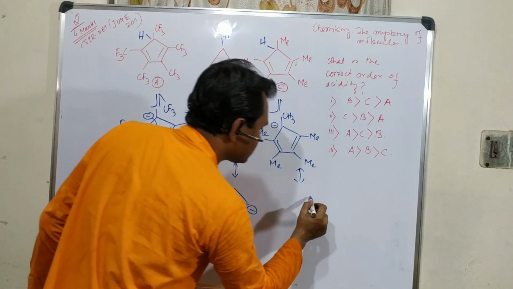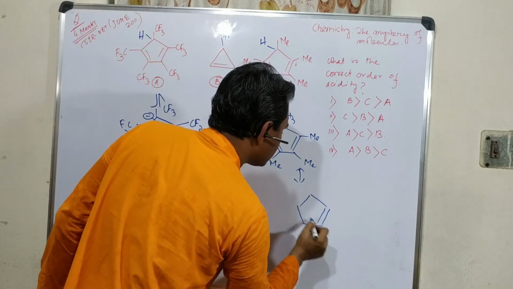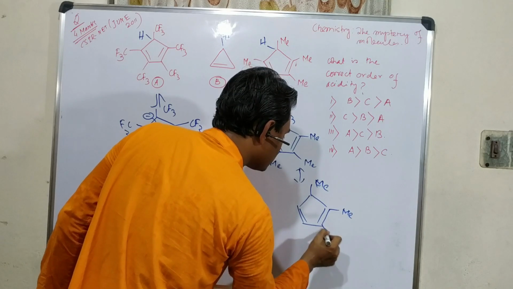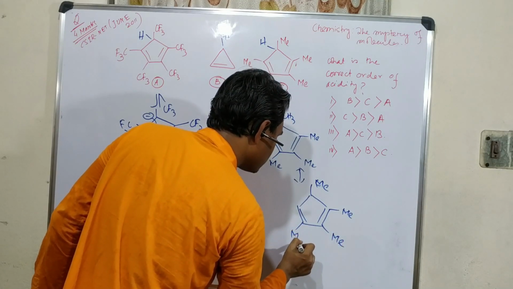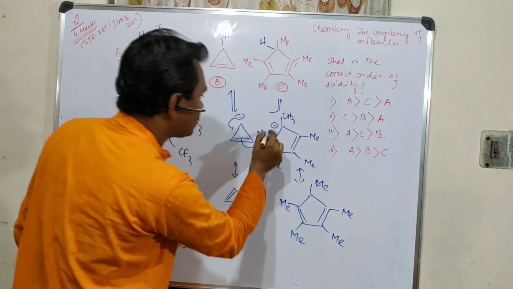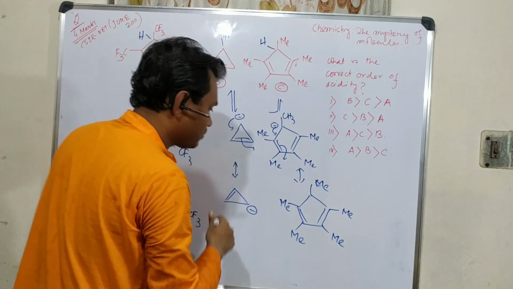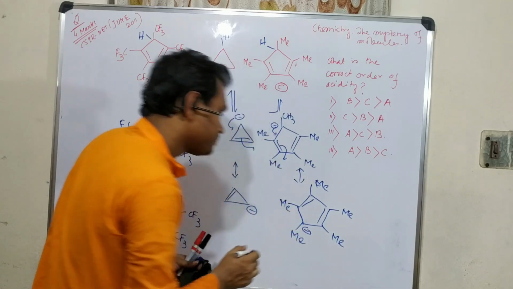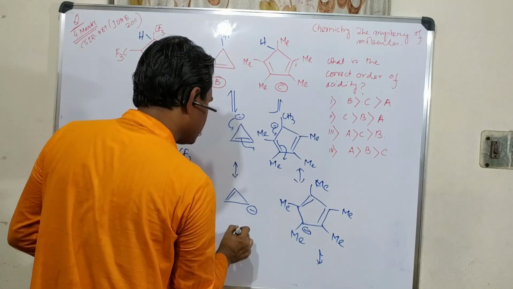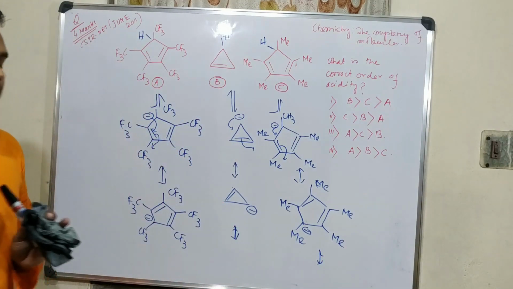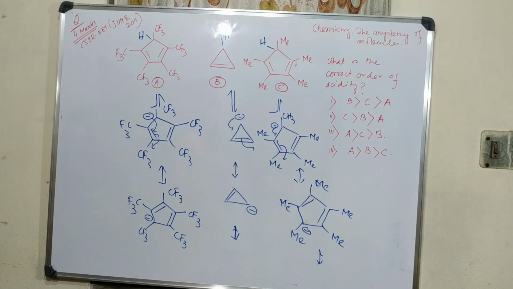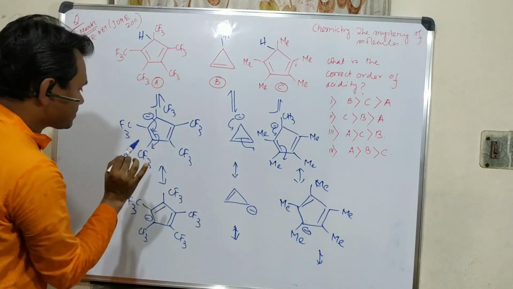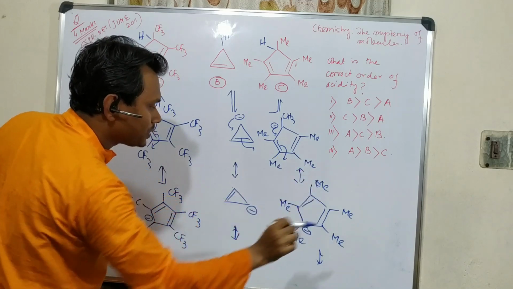And for this one, now this will come here, similar to the previous one. So ultimately the delocalization pattern will be this and this, and so on. In every case, resonance will go on. So from this you can see that resonance will happen, and this will describe the stability. In the first example, as you can see, all are conjugated.